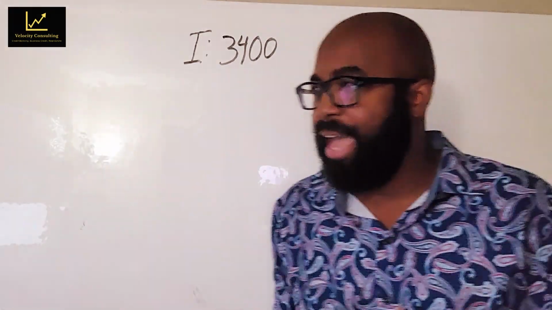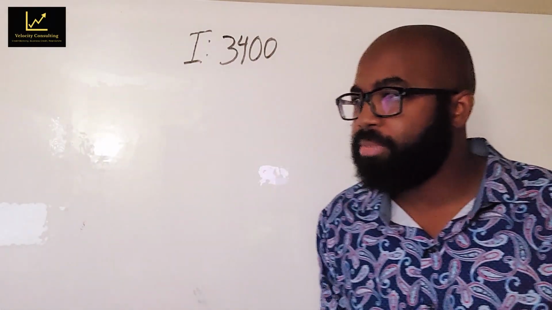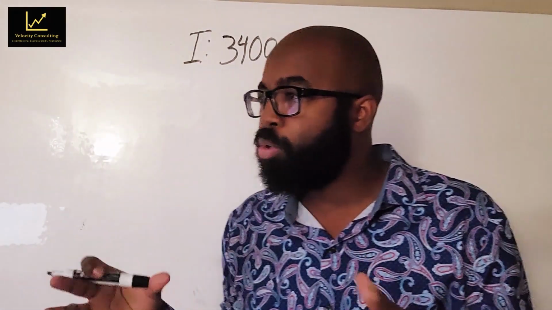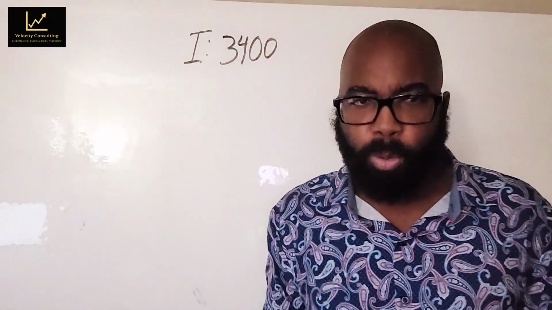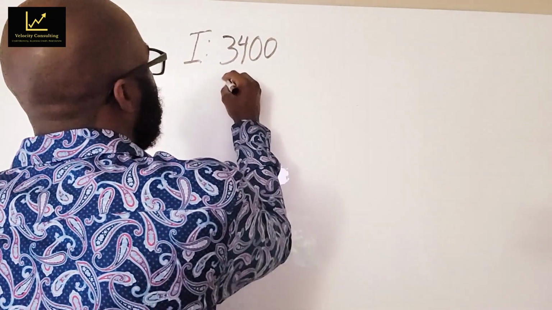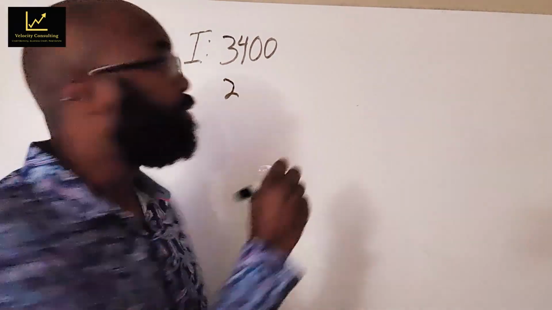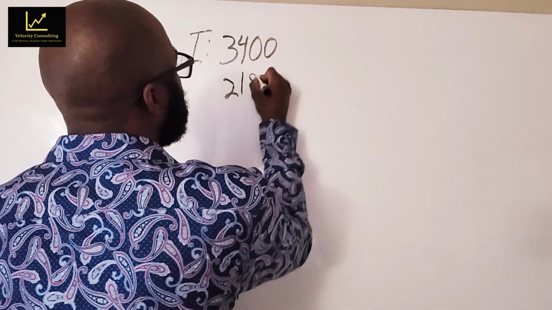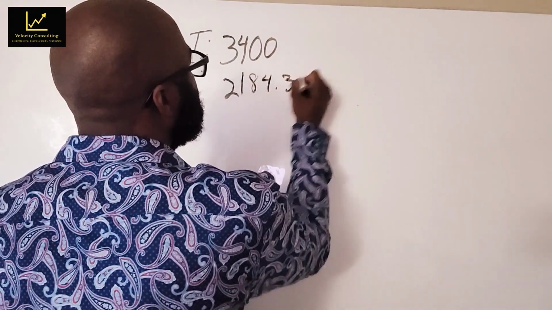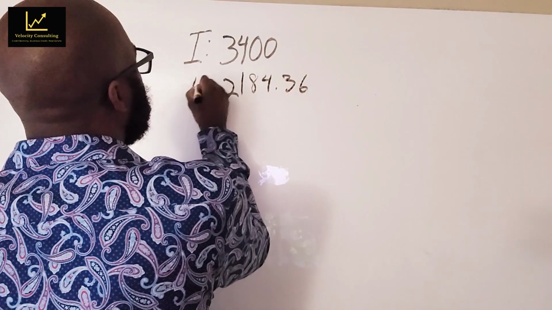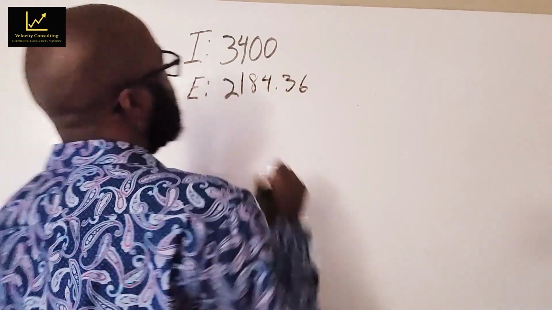All right? Now, what else do we have? We've got to have the expenses. The expenses total $2,184.36. Let's write that down right now: 184 and 36 cents. Let's abbreviate that with an E. All right.